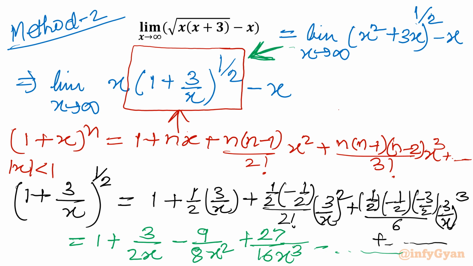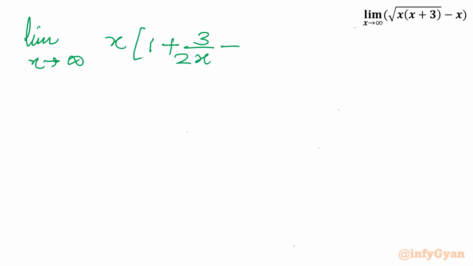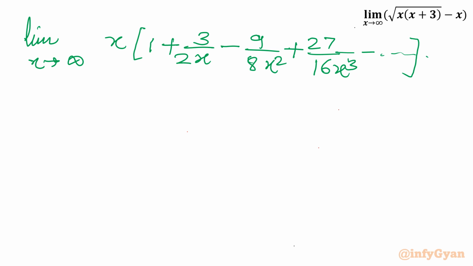Let's put it. So I will write limit x tending to infinity, x times this complete bracket: 1 plus 3 over 2x, no, it was minus 9 over 8x square, plus 27 over 16x cube, minus and so on. After this bracket, minus x is there.